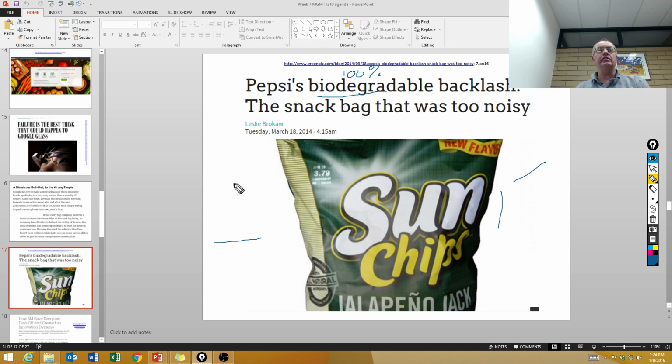Turns out that this product was a complete flop because this bag was too noisy. Because it's made of compostable material, somehow it's just noisier. When you crinkle the bag, it was noisier than a regular chip bag. And the people liked the chips, they just couldn't stand the noise. And so Sun Chips, which is owned by Pepsi, pulled the product.